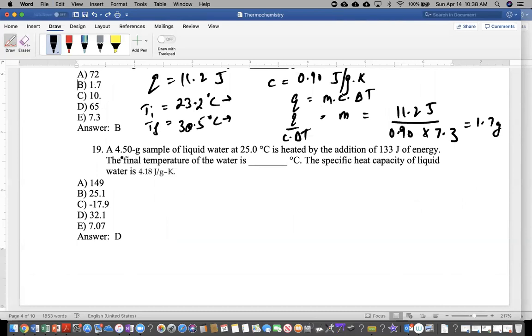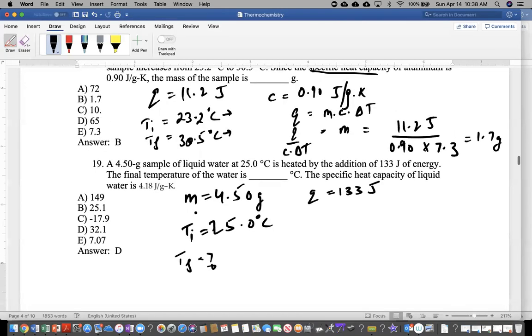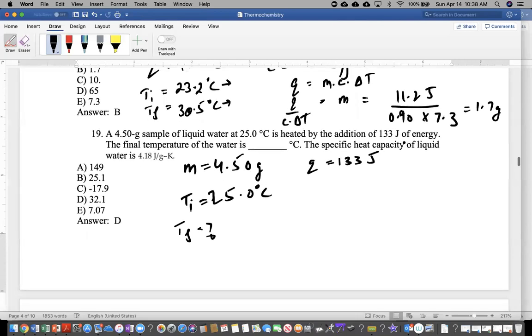You're given that the mass is 4.5 grams, the initial temperature is 25 degrees Celsius, and you're given Q, 133 joules, and you're asked the final temperature. You're also given the specific heat capacity, which is 4.18 joules per gram Kelvin.